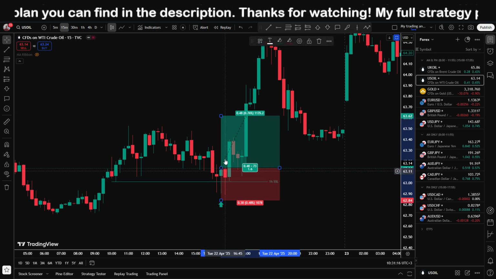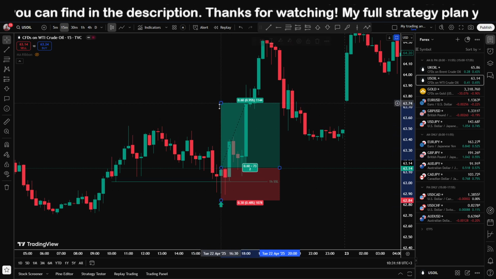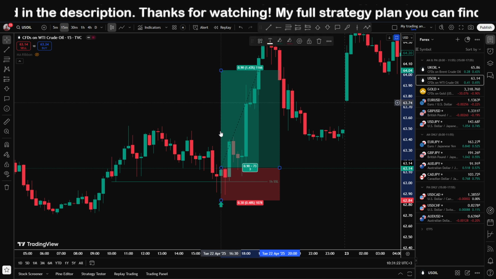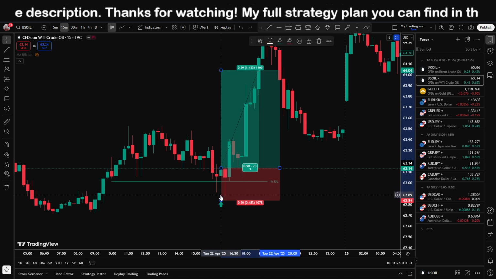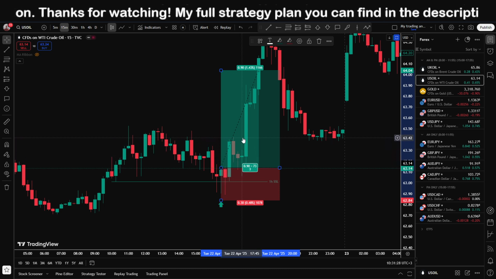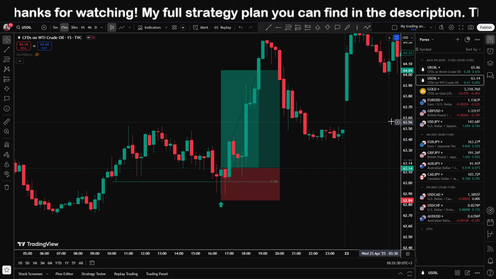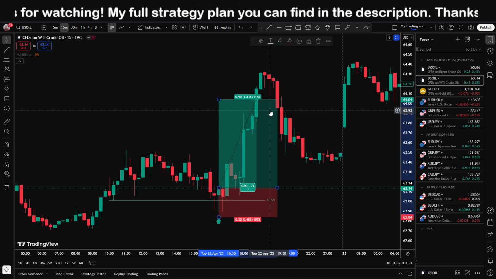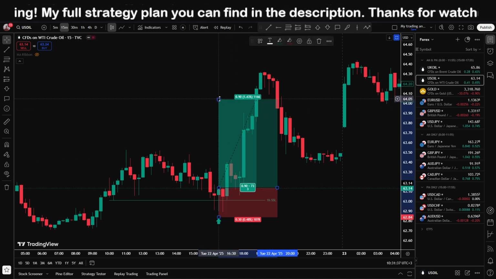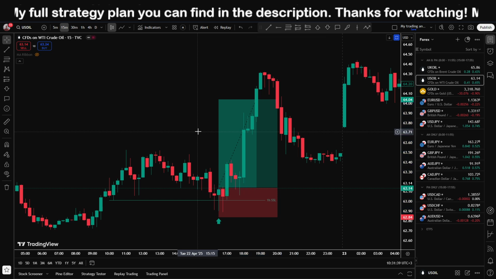So in that case 30 points is okay. You can see how the price goes against us for a little bit, and then in the next minutes and hours price reaches our target of 3R reward.